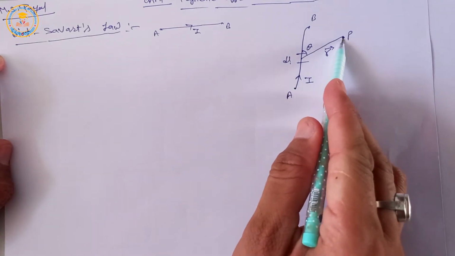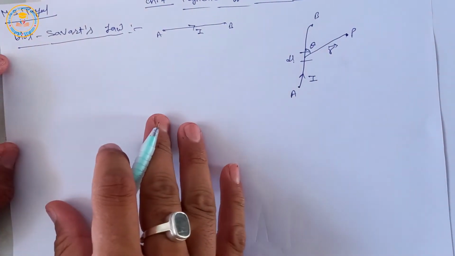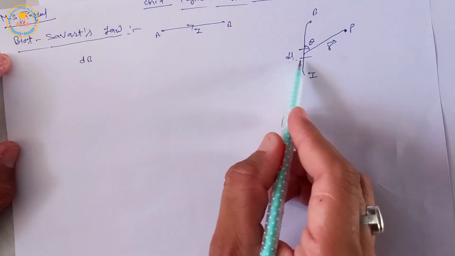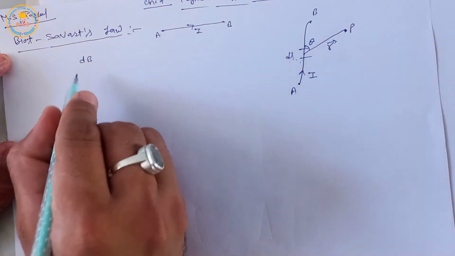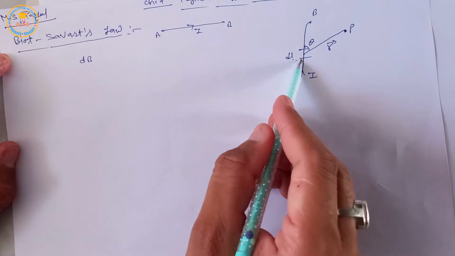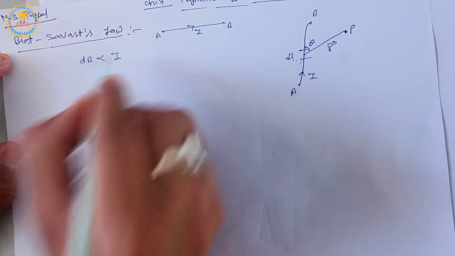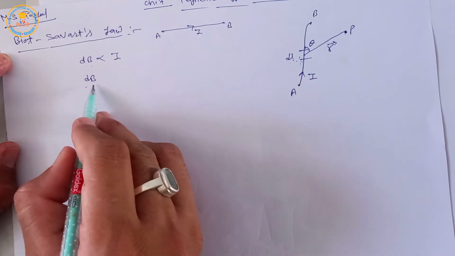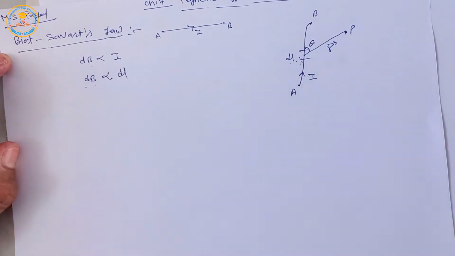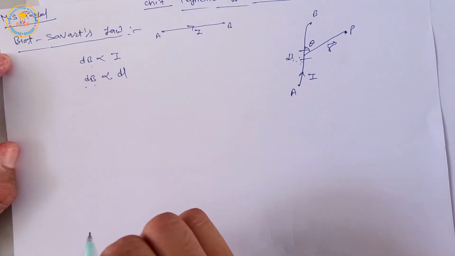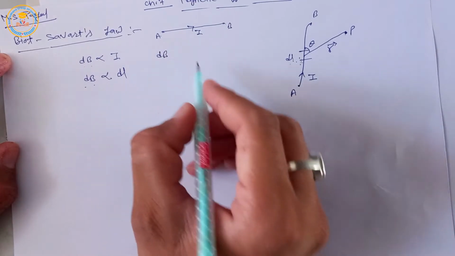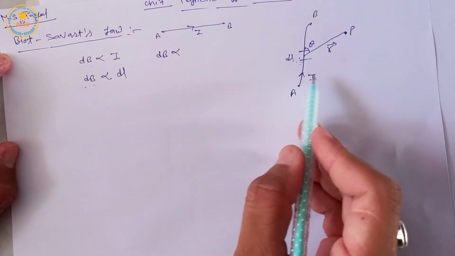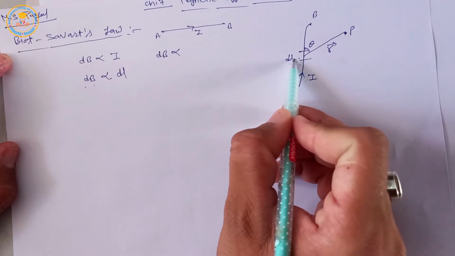At point P, according to Biot-Savart law, the intensity of magnetic field due to a small element of current carrying wire is directly proportional to the current passing through this element, directly proportional to the length of the element, and directly proportional to the sine of the angle between the direction of dl and the r vector.